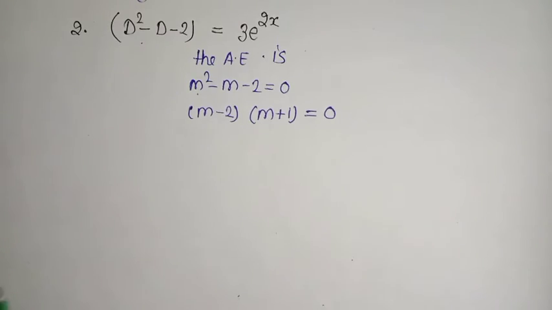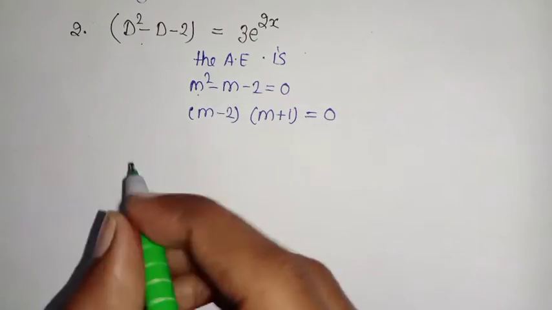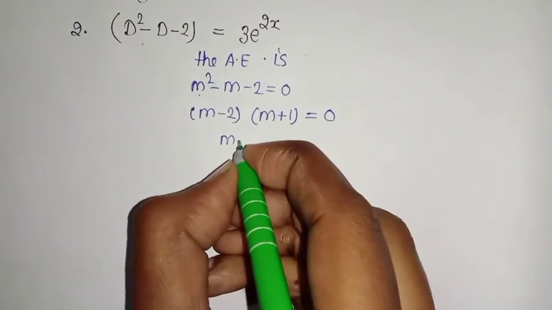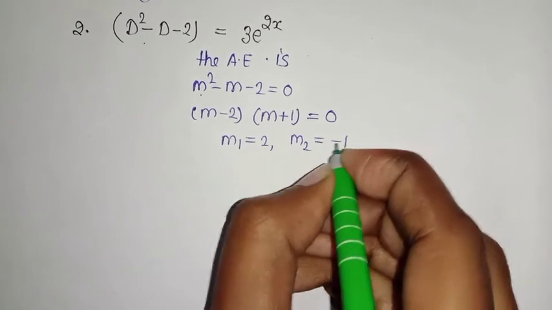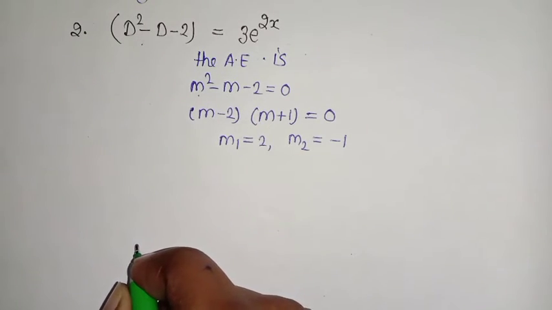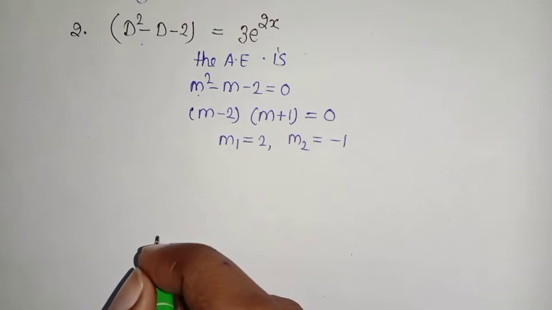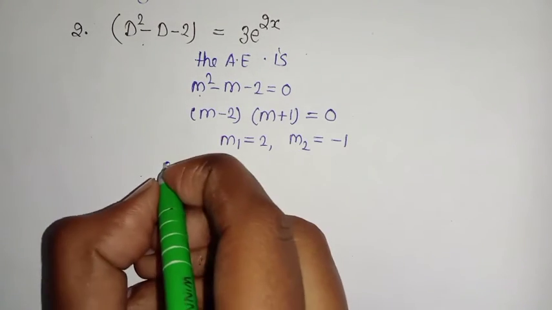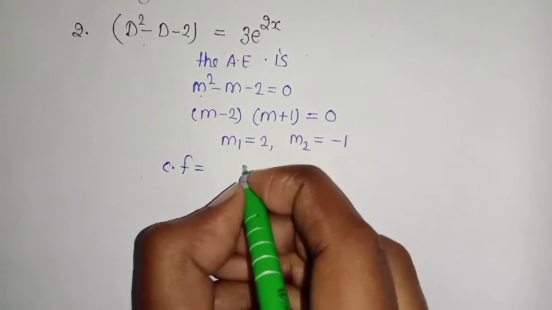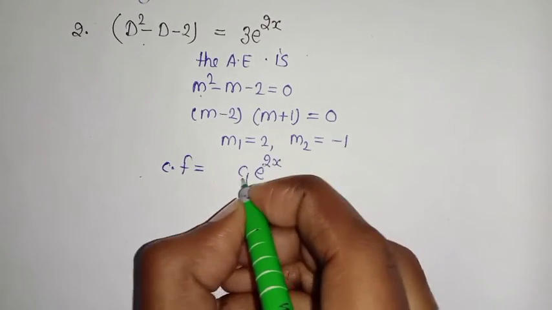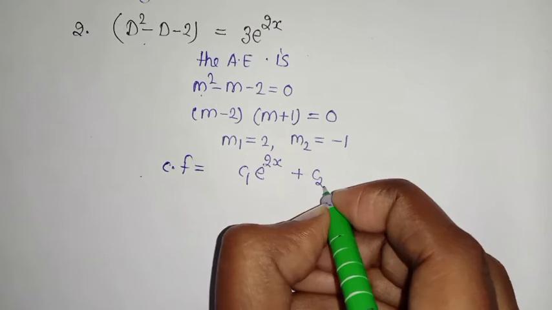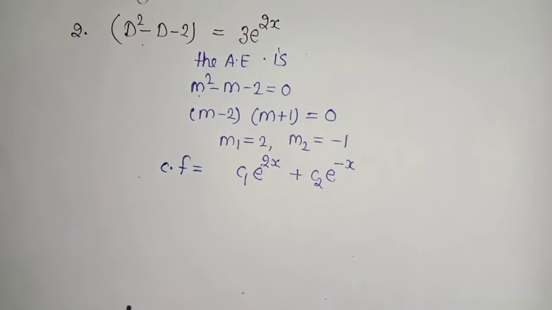That is, we are getting two roots for this auxiliary equation, and they are m1 is equal to 2 and m2 is equal to minus 1. Now you can see the roots are real and distinct, so we can apply our case number 1. So what is CF? That is equal to C1 e raised to power m1 x. m1 is 2 here, so it is C1 e raised to power 2x plus C2 e raised to power minus x. So this is our CF.